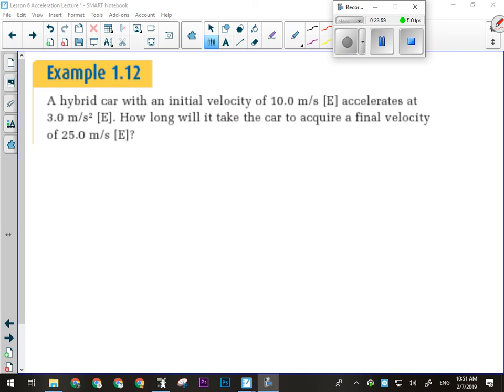So you should always write them down. As I'm reading through the question, I have a hybrid car with an initial velocity, VI, of 10 meters per second east. It accelerates at 3.0 meters per second squared east, so that's A.